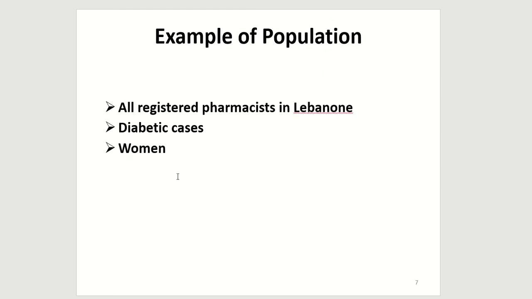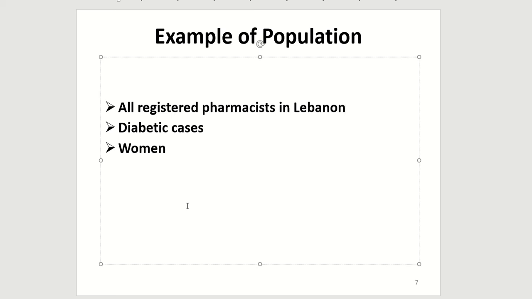So we have examples for population. All registered pharmacists in Lebanon could be the population. If you're thinking about it, you can say all Lebanese pharmacists is my target population, and my attainable population is all registered pharmacists in Lebanon, hoping that almost 94, 95, 96, or 97% of pharmacists are registered.